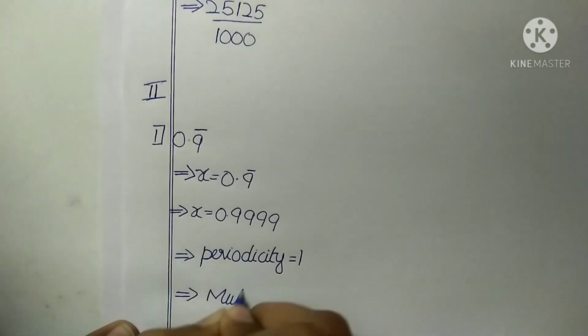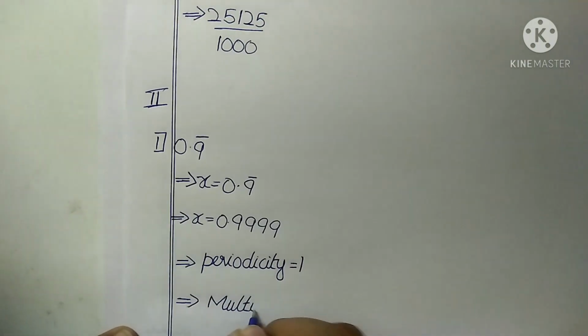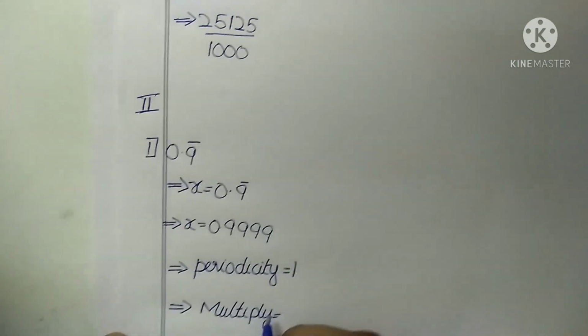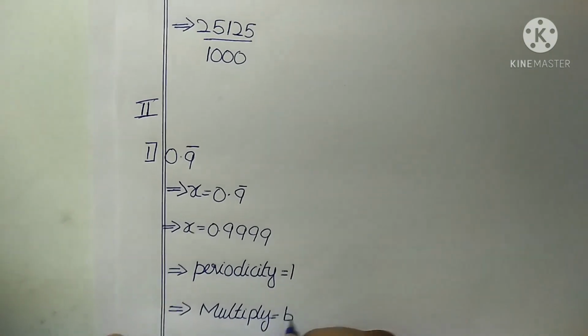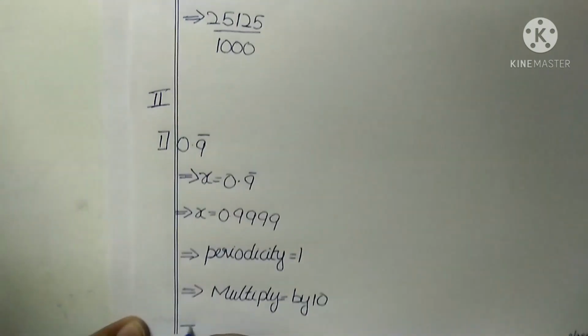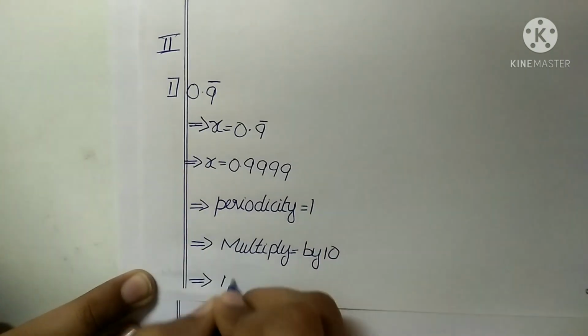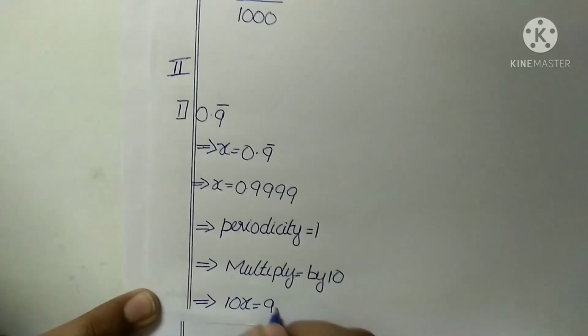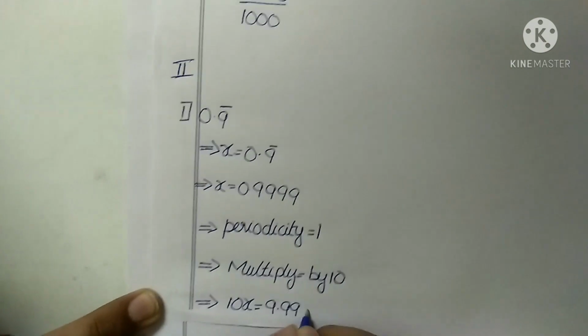Here the periodicity is 1, so we should multiply by 10. So here 10x equals 9.9999.